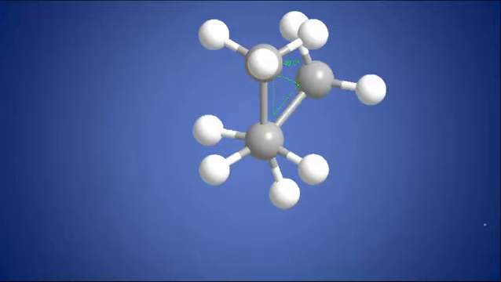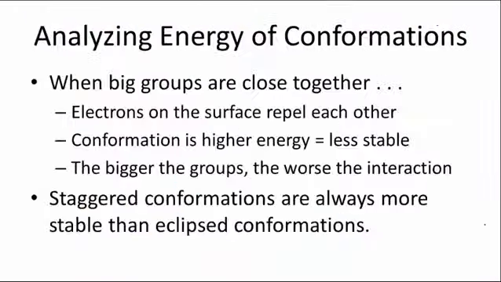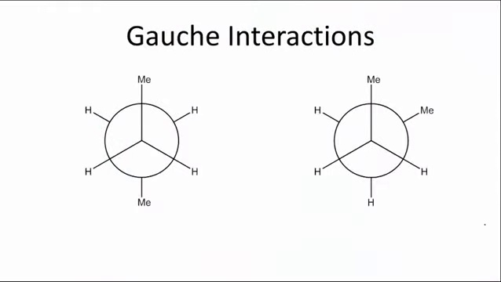So not only do we have staggered versus eclipsed, but among staggered conformations, we can have situations where two groups are only 60 degrees apart. And I don't know, someone French named this. How many people know the word gauche?